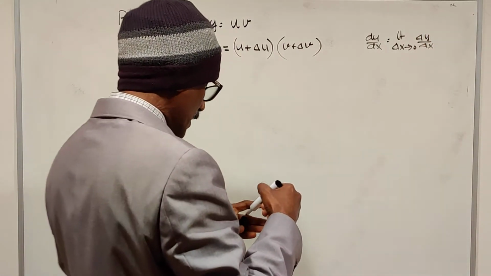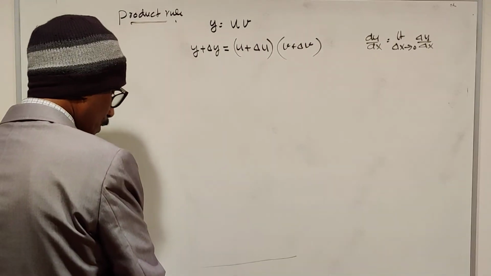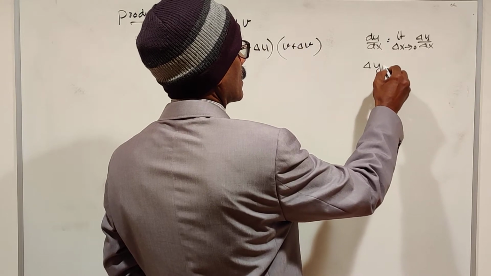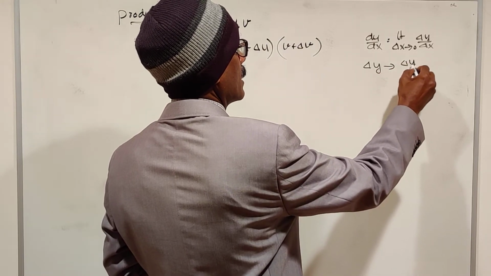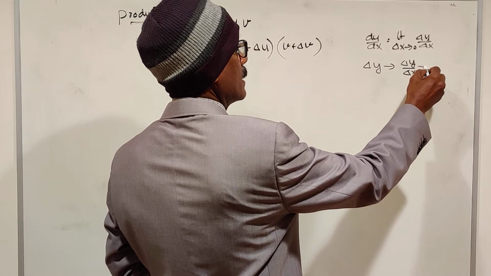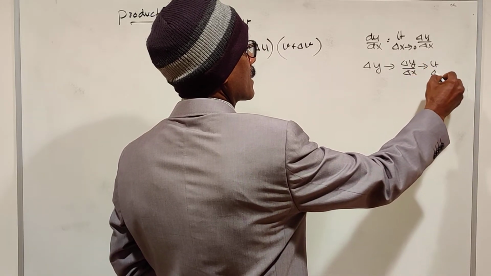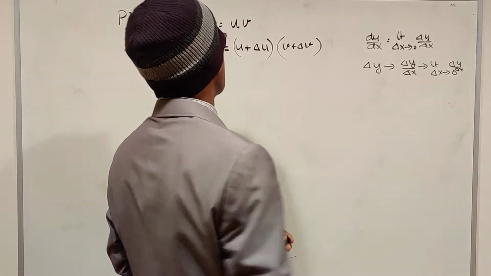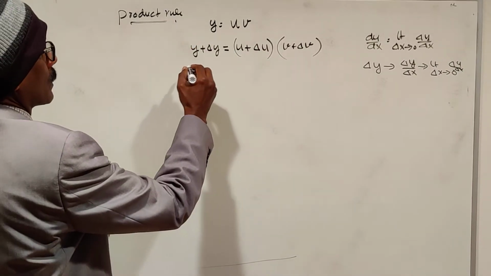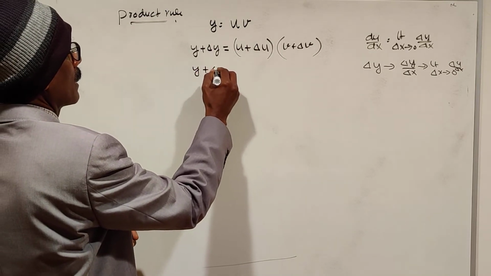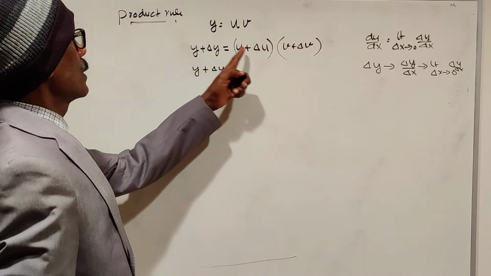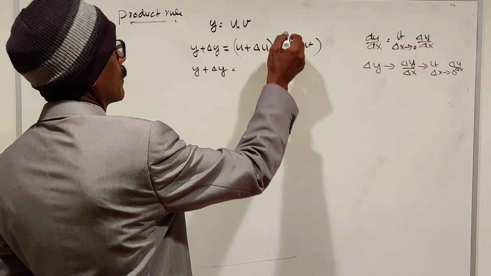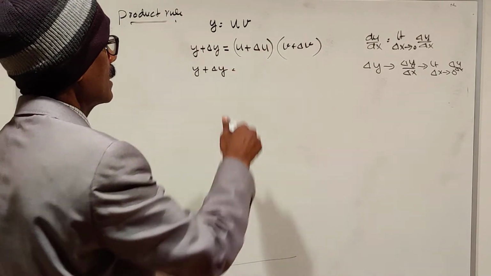What is the first step? We are going to find out first delta y, then delta y by delta x, then limit delta x tends to 0, delta y by delta x. y plus delta y equals u plus delta u times v plus delta v. How can you open the bracket?